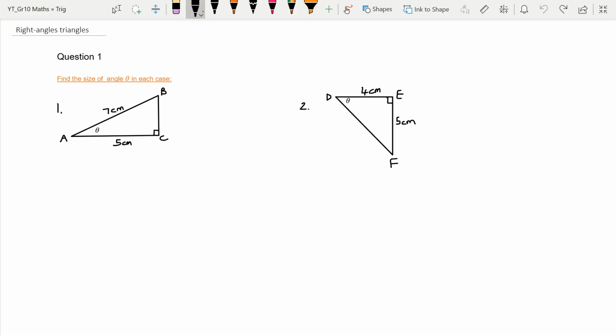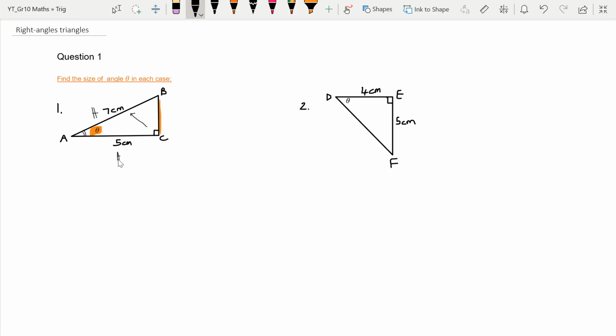So the key thing with these sums, Grade 10, is just to figure out which trig ratio I am supposed to use. Our missing angle over there, we know that is theta. That is our angle A. It's not going to benefit us to use the opposite, because this would be our opposite. Let's just quickly label it. If we position there, this will be our hypotenuse always, because it's opposite the 90-degree angle.